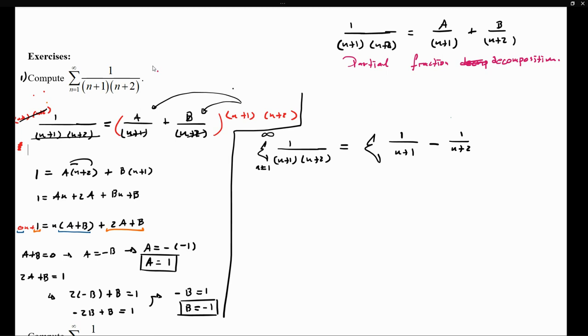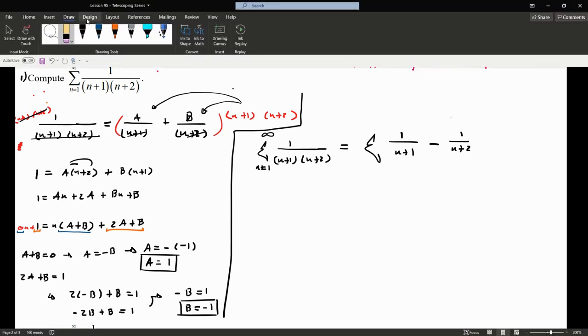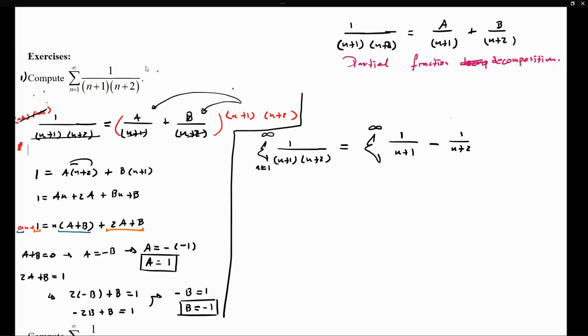So notice we're able to rewrite this infinite series in a way that looks like the example that we have done previously. So this might look like a telescopic series. Well, let's see. If we want to compute the infinite sum, all we got to do at this point is actually start computing terms and adding them up.